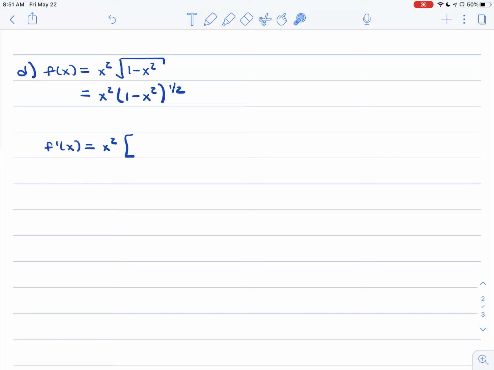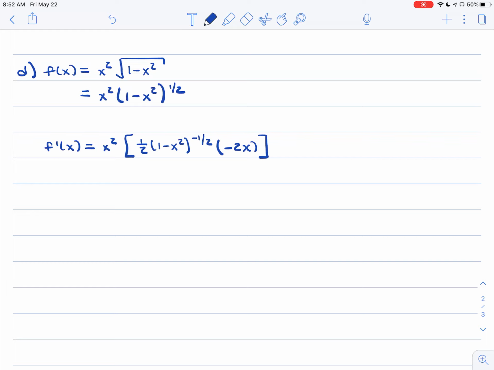All right, so when we're taking the derivative of this piece, we're going to have to use our chain rule. So start with the outside. So we'd have the 1/2 out front, and then subtract 1 from our exponent. And then still using our chain rule, multiply by the derivative of the inside, which would be a negative 2x.